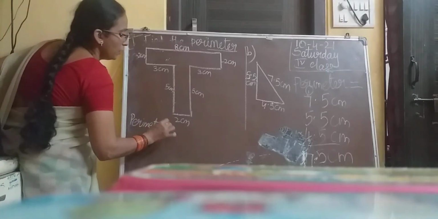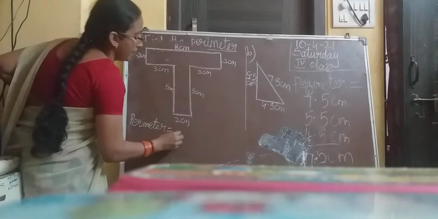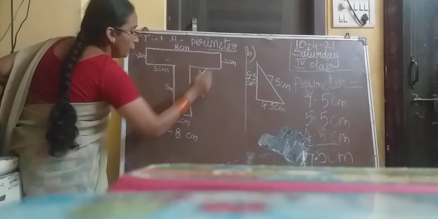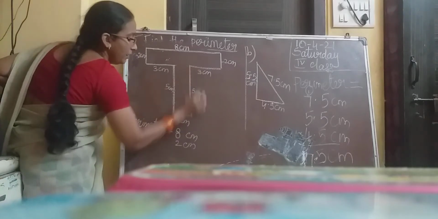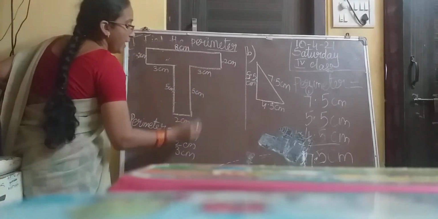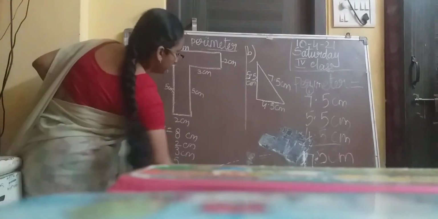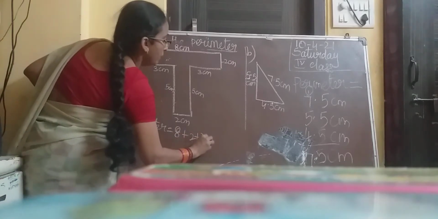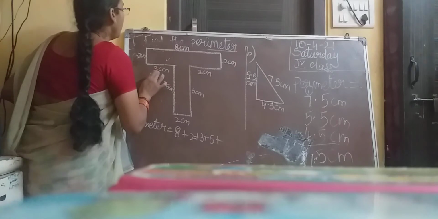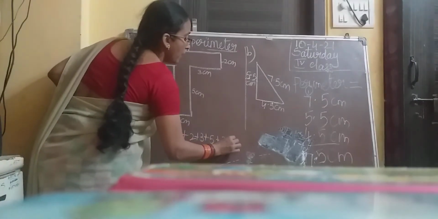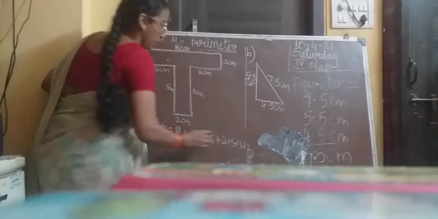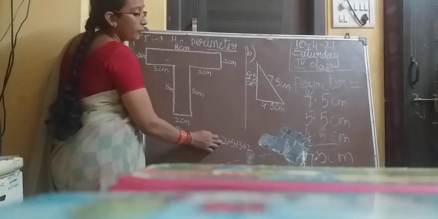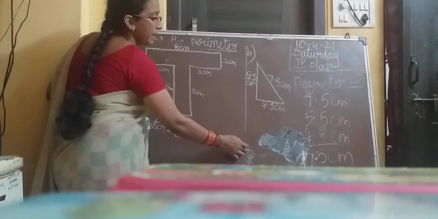Perimeter is equal to, how are we going to add first? Let us write from here: 8 centimeters, then below 2 centimeters, then 3 centimeters, then 5. 8 plus 2 plus 3 plus 5 plus 2, 5, 3, 2. 8 plus 2, 10. 10 plus 3, 13. 13 plus 5, 18. 20, 25, 26, 27, 28, 29, 30.